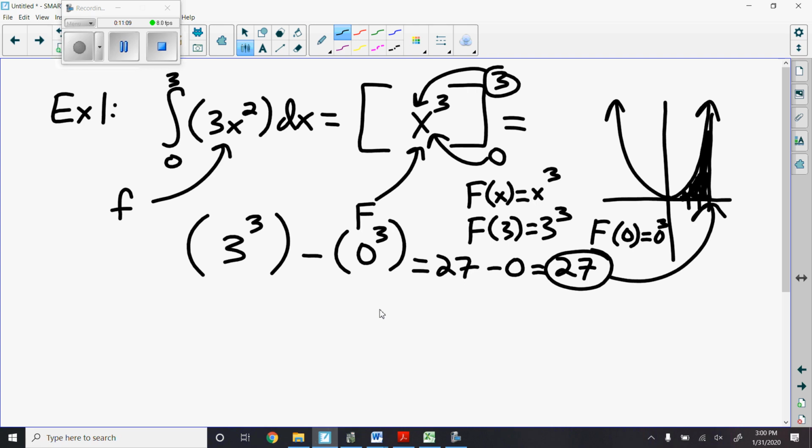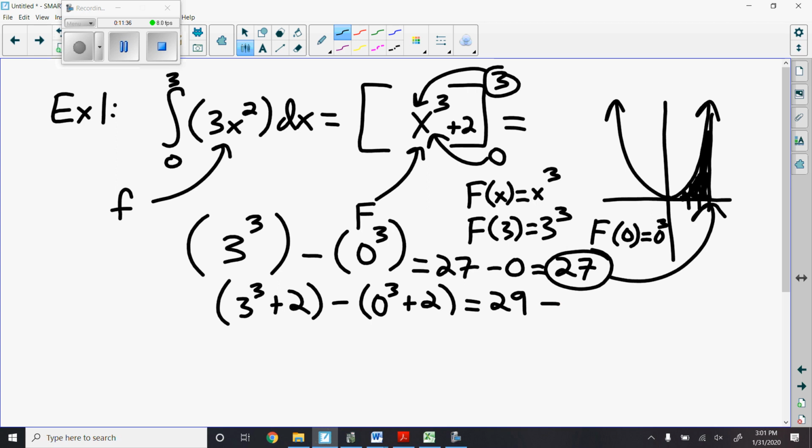I said you could do any antiderivative. So I could have done x cubed plus 2 as an antiderivative. Then I would have had 3 cubed plus 2 minus 0 cubed plus 2. 3 cubed is 27. 27 plus 2 is 29.